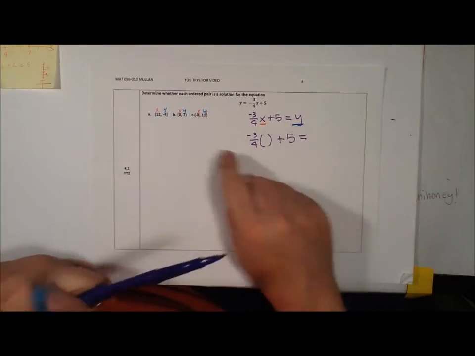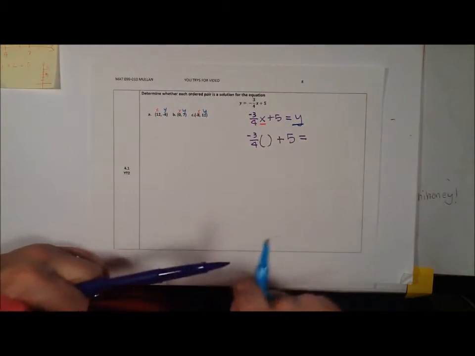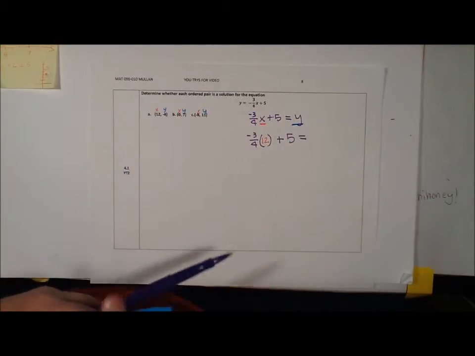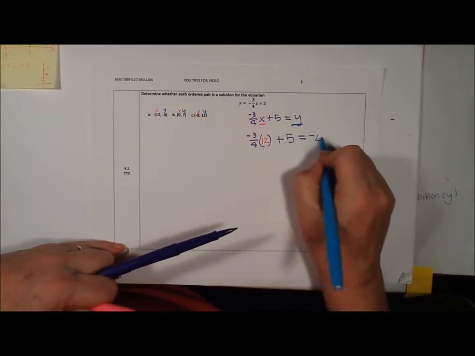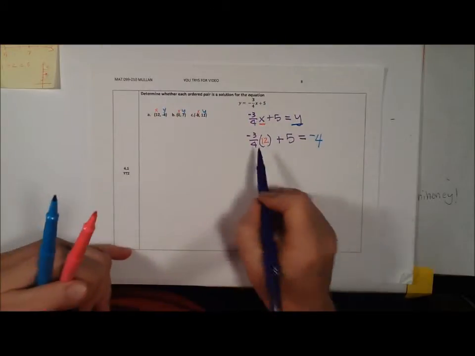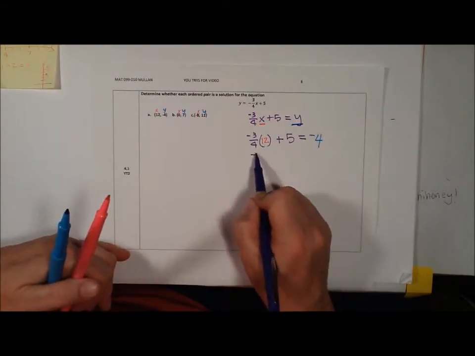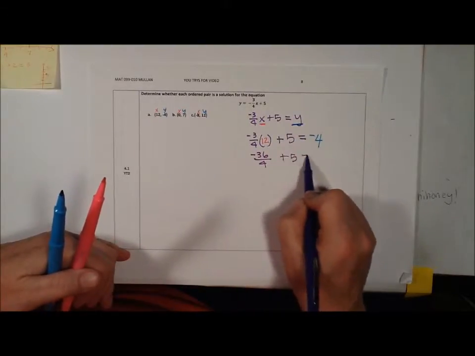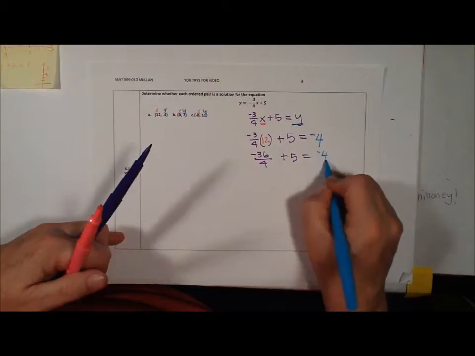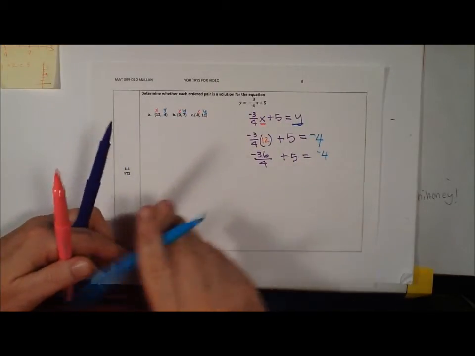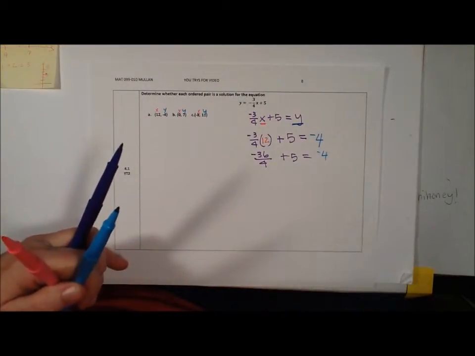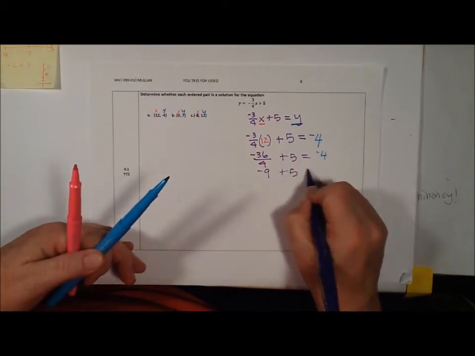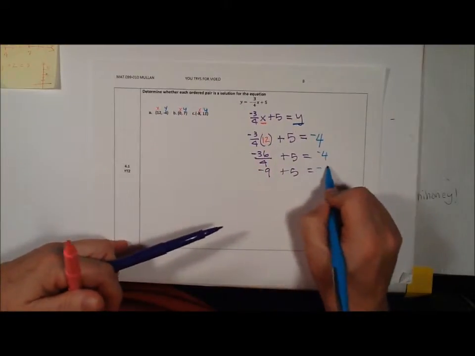All right, so the first one I'm using 12 for x, and I'm using -4 for y. So let's see, 3 times 12 is 36, so that would be -36 over 4 plus 5 equals -4. 4 goes into -36, -9 times. So -9 plus 5 does indeed equal -4.